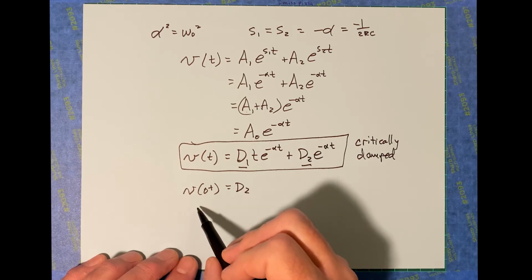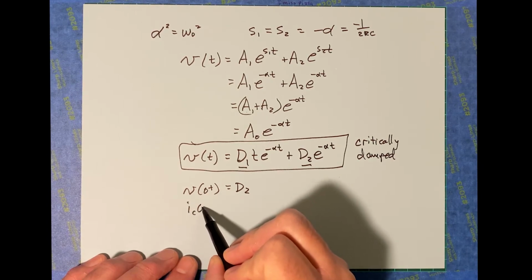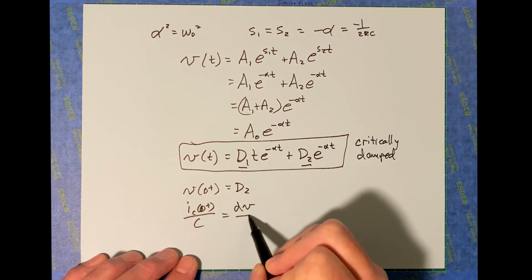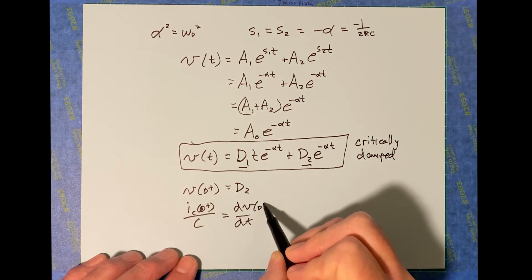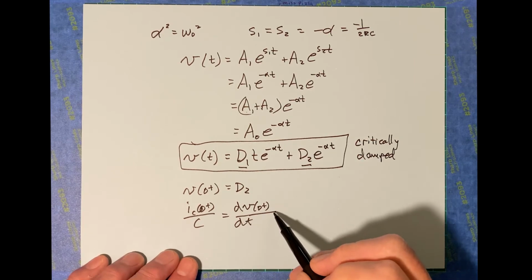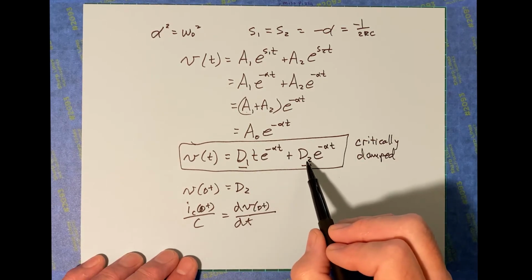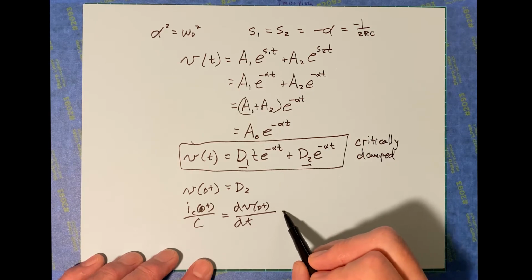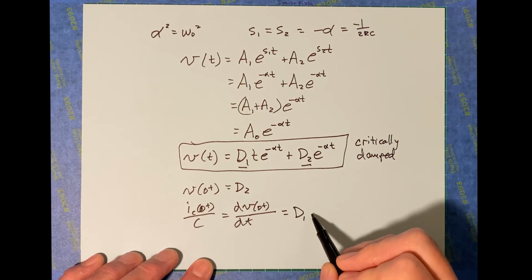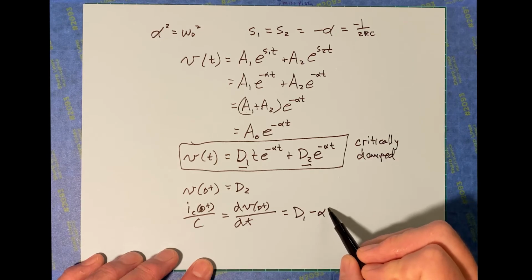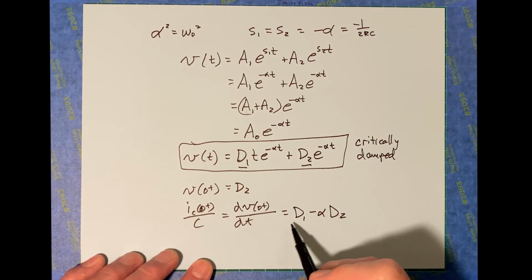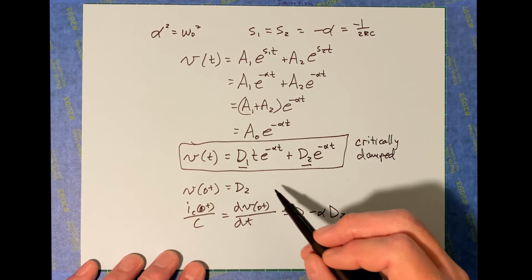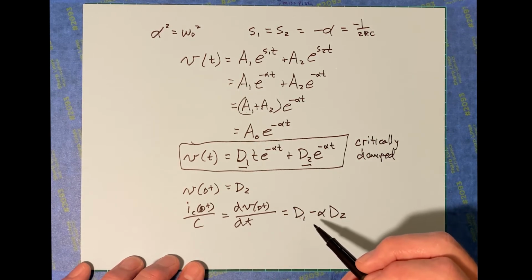And then i sub c at 0 plus divided by c is going to be dv dt, evaluated at 0 plus. Take the derivative of this and evaluate it at t equals 0, and you're going to end up with this. We're leaving out steps here, but hopefully you get the idea. And with these two equations, then, you can compute your D1 and D2 values then.